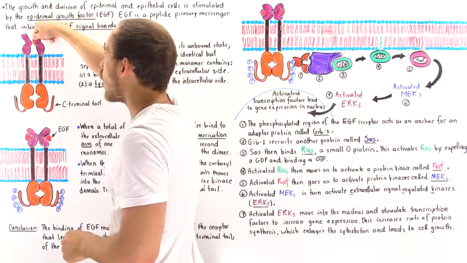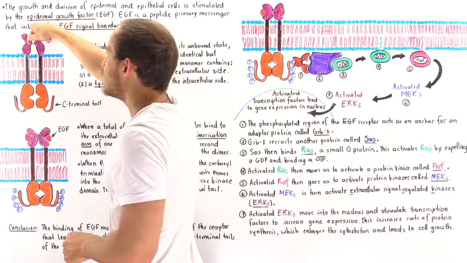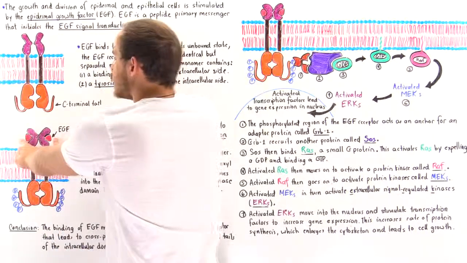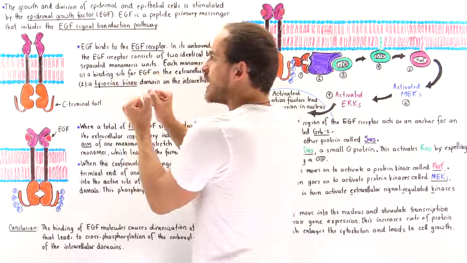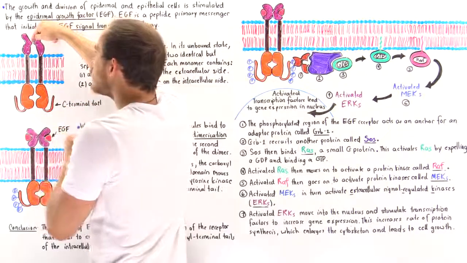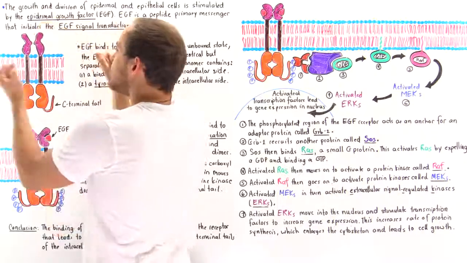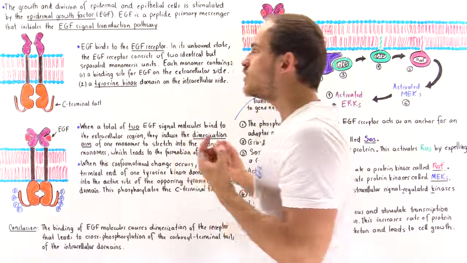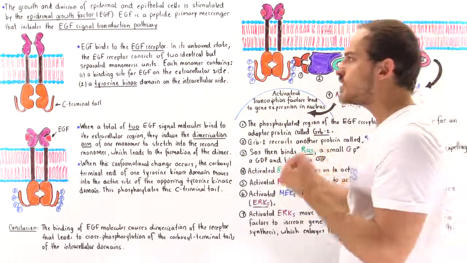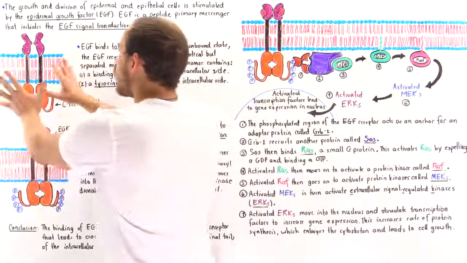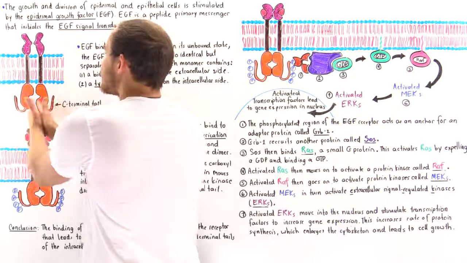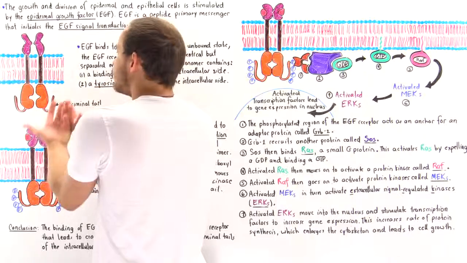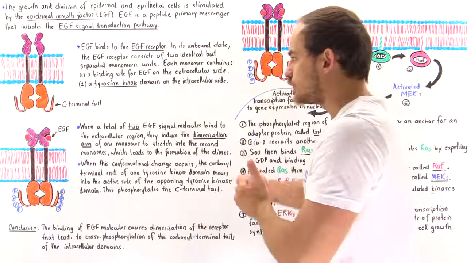So this arm stretches and binds here, and this arm stretches and binds here. Because upon the binding of the EGF, there's a conformational change that takes place that allows these two interfaces to basically interact with one another. And this is the process we call dimerization. It produces a dimer, whereas before we had these two individual separated monomers. Now these two monomers basically come together to form a dimer structure.